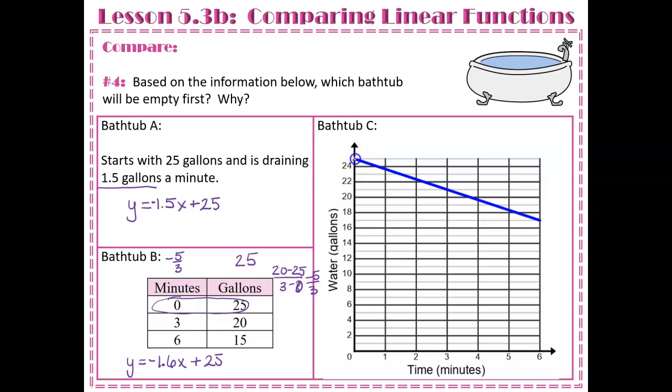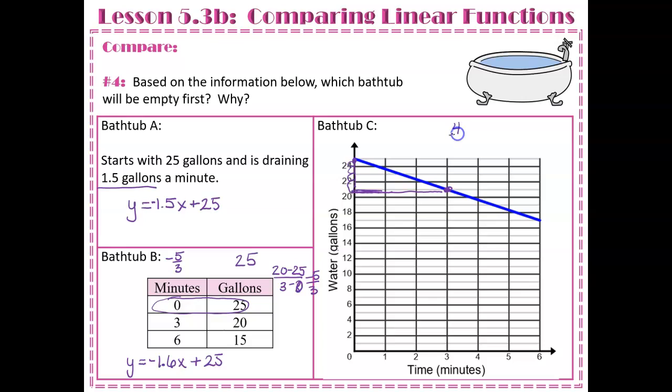C is our graph, also starting at 25. Let's find some good points here. This isn't easy. Here's one. So it drains by 1, 2, 3, 4, over 3.